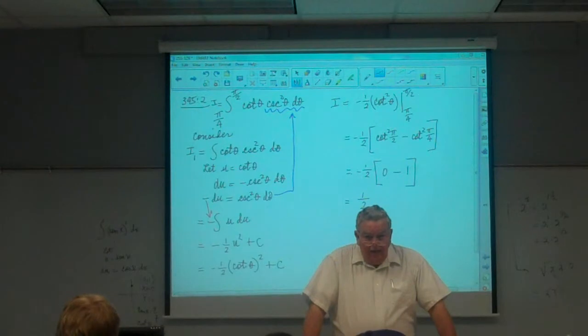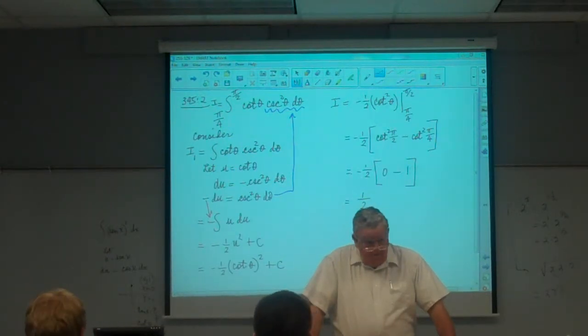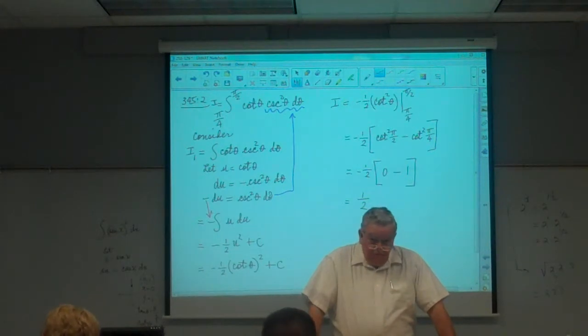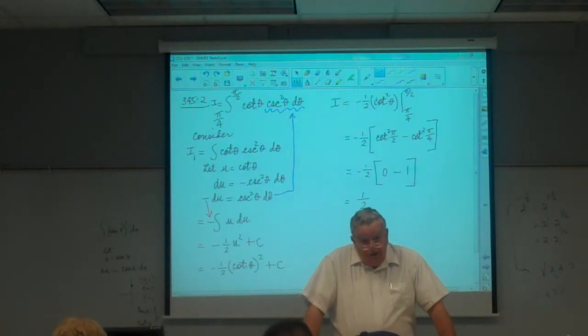And do you see how I avoided doing the change of variable deal with the limits of integration? Feel free to do that if you want to. Feel free to go in and substitute and change the intervals. But I'm telling you, if you write an integral with the wrong limits on it, it's wrong.